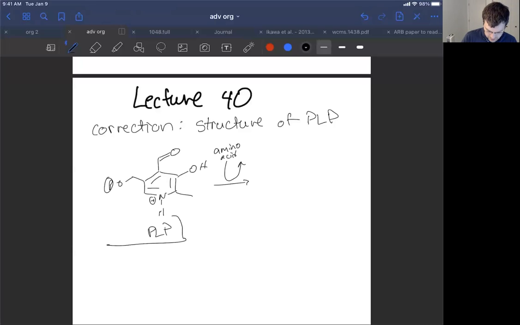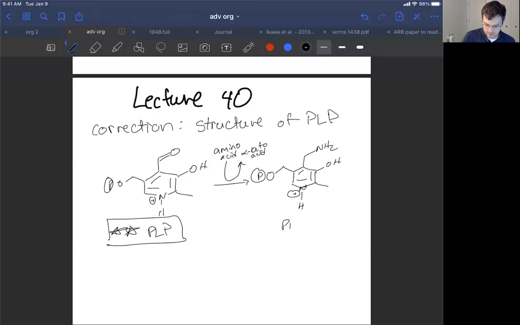So this is correct. We'll talk more about PLP towards the end of the semester, maybe the last day or something. But that will then convert an amino acid into an alpha keto acid and give rise to PMP.